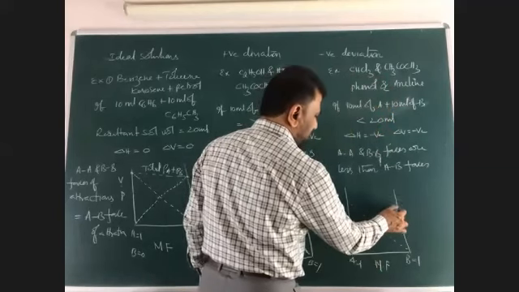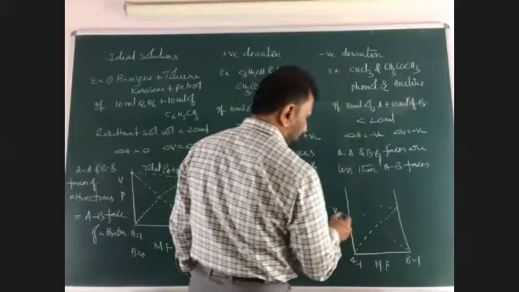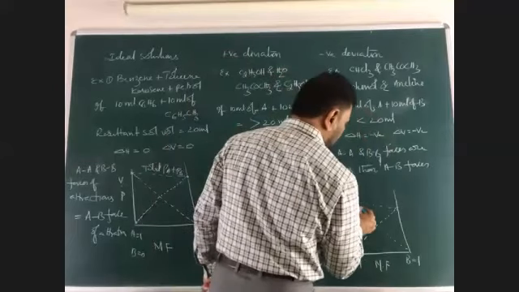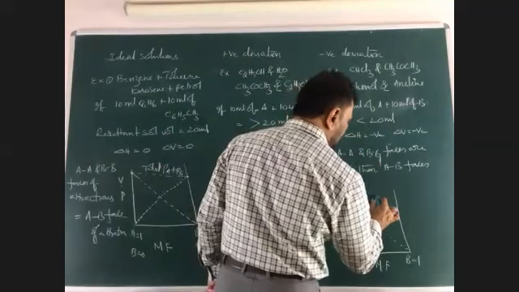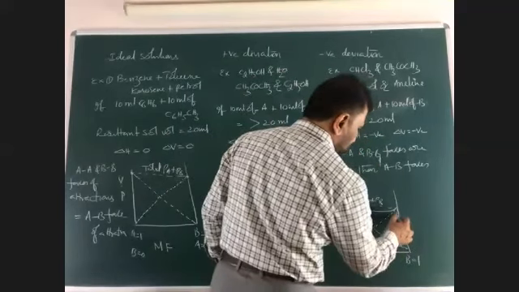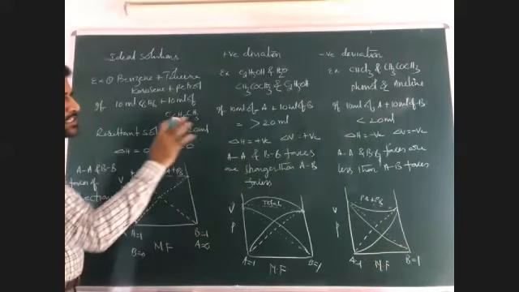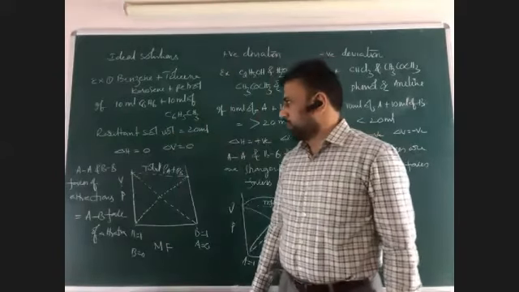The dotted line generally represents the ideal condition, and this is also the ideal condition. But here, tell me now, negative deviation means the curve comes to the bottom. Likewise, the green is the total, PA plus PB vapor pressure. Now, this is also like this, and this is also like this. So these are the three graphs. This is the case with Raoult's law: positive deviation, negative deviation, likewise.